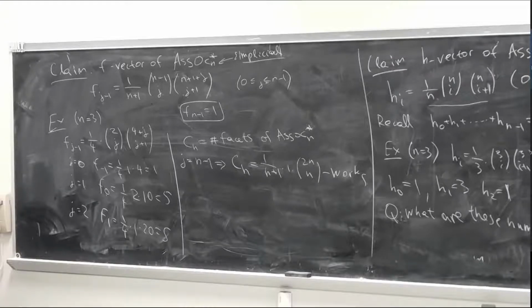We know that the h's are non-negative, which is clear from this picture. What's the other relation for the h vectors that we know? They're symmetric: h_i is equal to h_{n-1-i}. The problem is to show this bijectively.